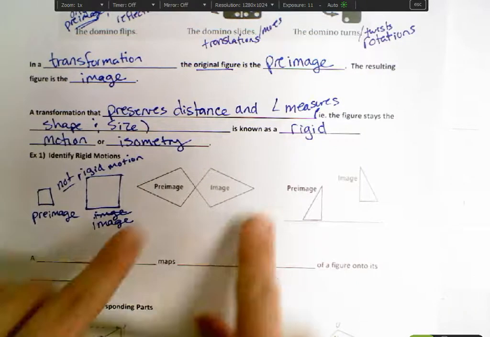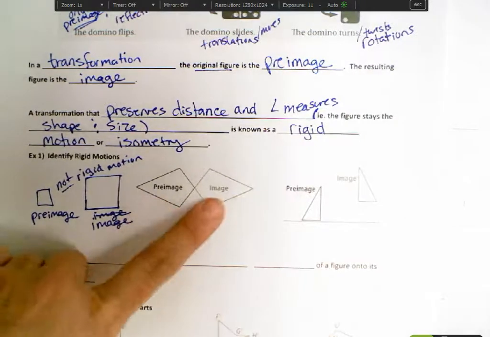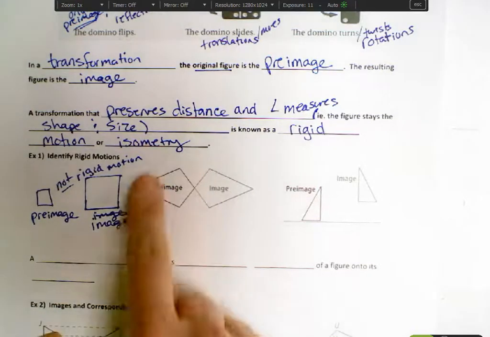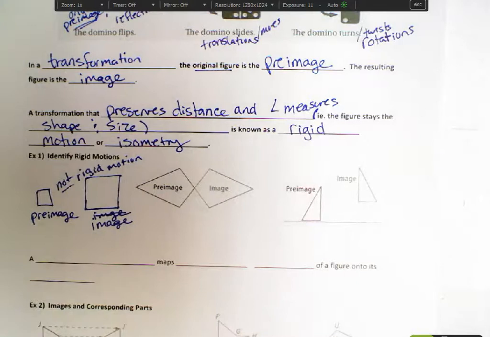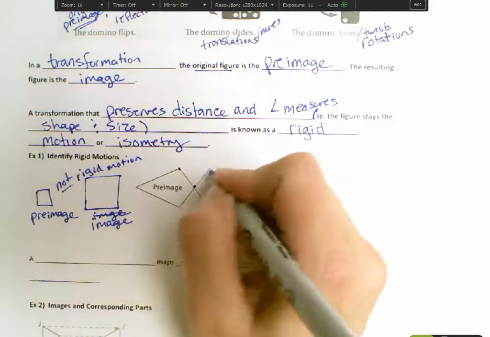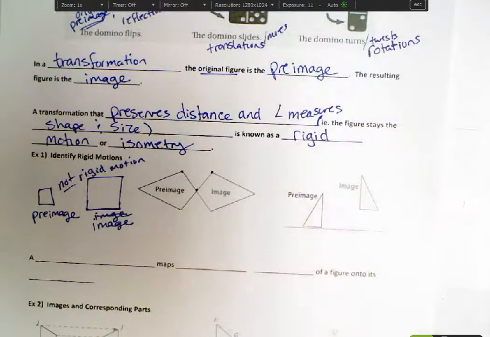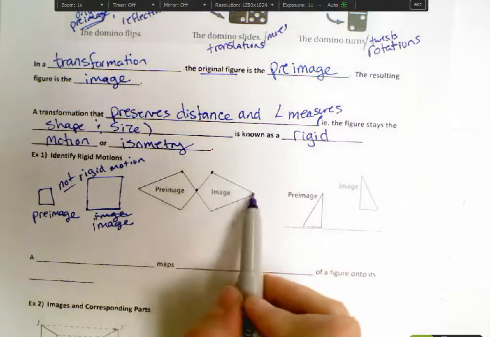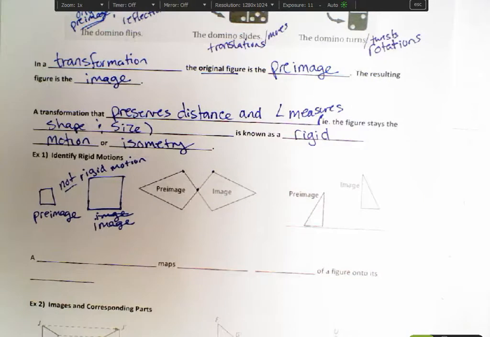I can look at this next one. I have a pre-image and an image. I don't have the same orientation because it's flipped over, but is it a rigid motion? Is the distance between this point and this point the same with my image? Is the distance between this point and this point the same as the distance between its corresponding side length? And it is.